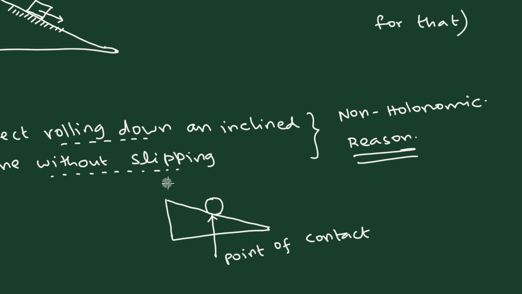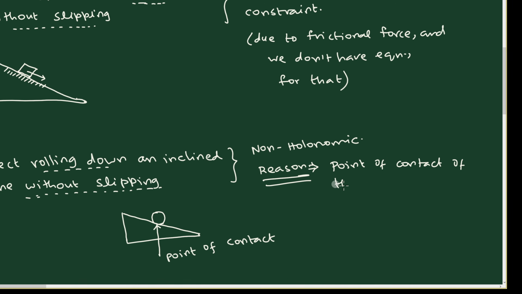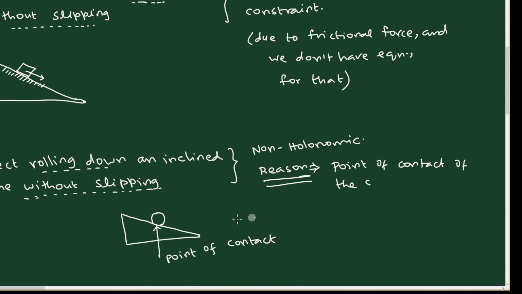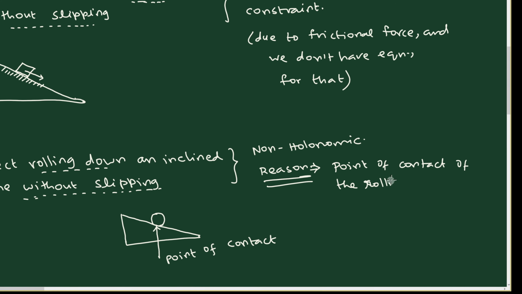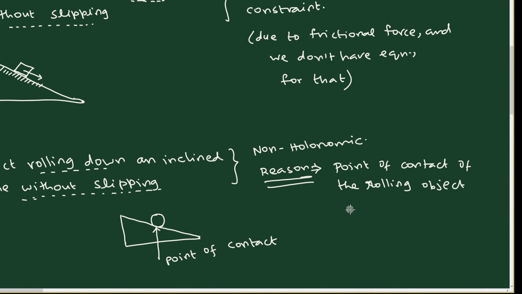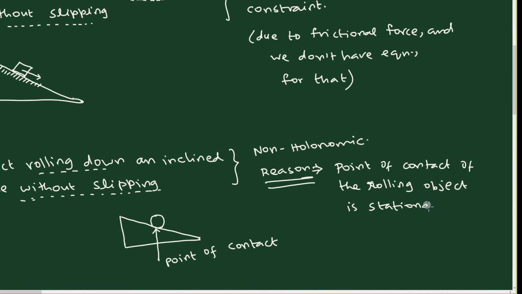So that point of contact, is it sliding or is it slipping? The question clearly says that it is not slipping, and therefore that is the reason you are going to write: the point of contact of the rolling object is stationary.